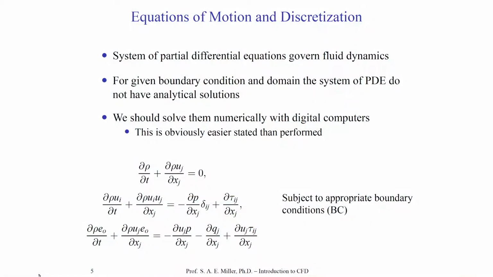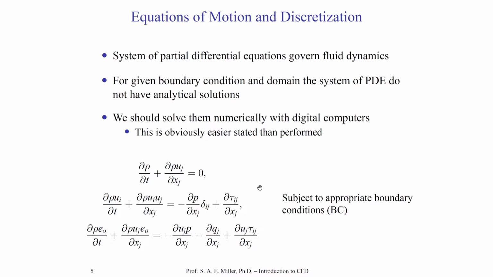So the Navier-Stokes equations, the equations that govern fluid motion, are generally systems of partial differential equations. And in the lower left corner of this slide, I show one set of very famous and popular equations, which are called the Navier-Stokes equations in one particular form.